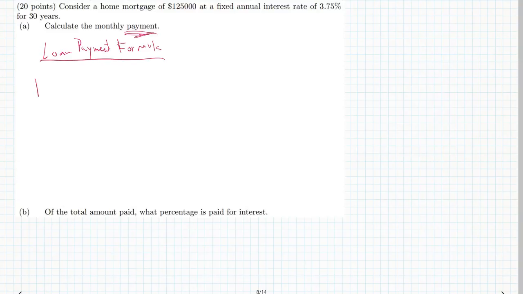The one I like to use, I'll put PM, that stands for monthly payment, or whatever your pay period is, but monthly is usually the most frequent. Sometimes the P can be up in the numerator, I just put it out in front. PM equals P times R over N, then 1 minus (1 plus R over N) raised to the negative NT, where PM equals the regular payment amount.